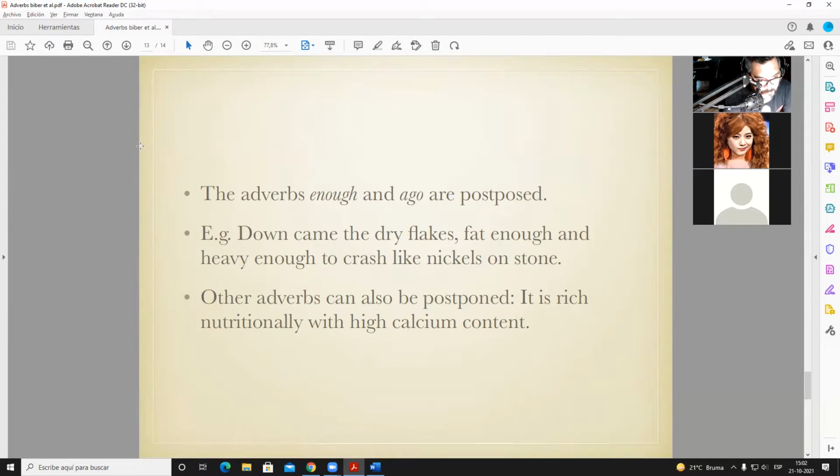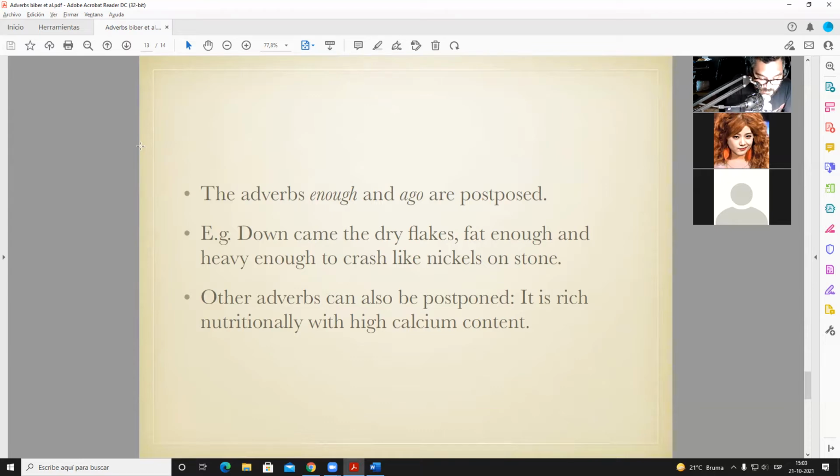Then other adverbs can also be postposed. It is rich nutritionally with high calcium content. So they are saying, be very careful with these postposed adverbs, because there are others. So what I can say is: please be very careful when you're providing your analysis and take a look at what you're doing, right?